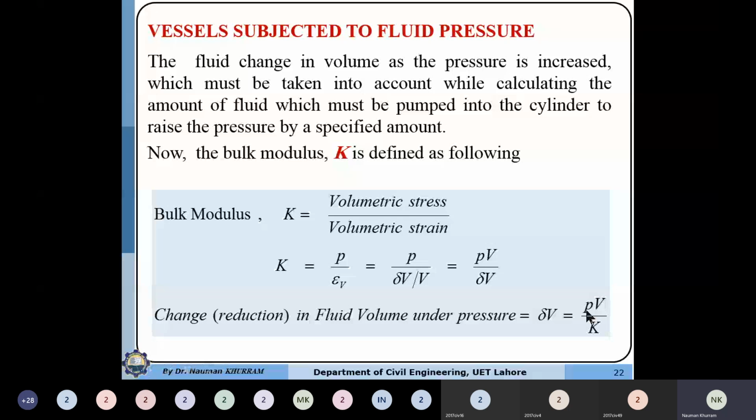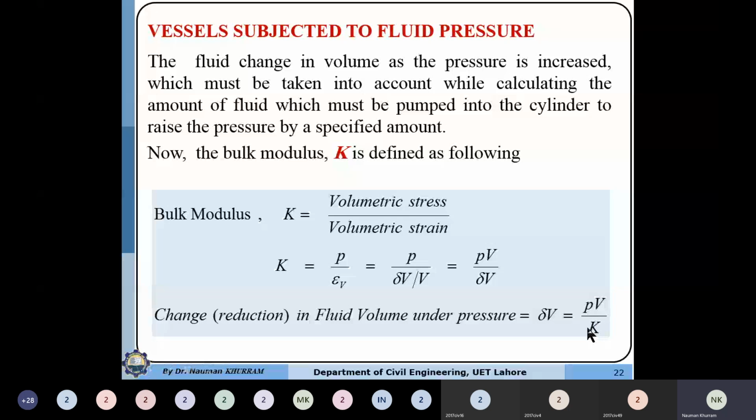Change means reduction in the fluid volume under pressure. Whenever a fluid is subjected to a certain pressure, its change in volume, or volume reduction, is a function of the bulk modulus. Bulk modulus is a material property that is different for every type of fluid.